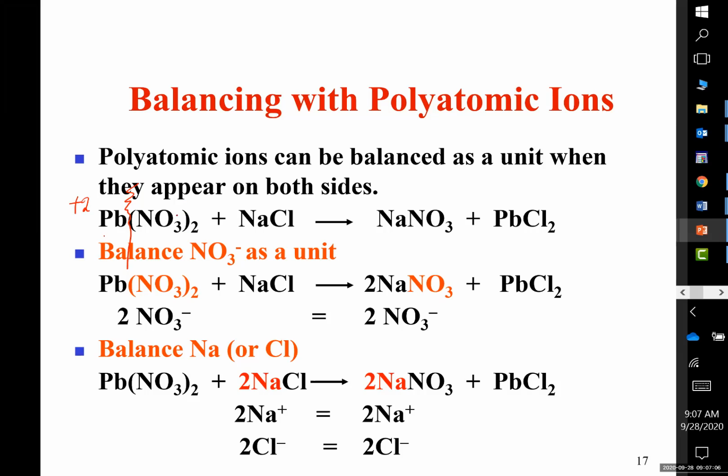In fact, nitrate is an ion. It has -1 charge, called nitrate. Remember, ions have charge. This is an ion Cl minus. It has -1 charge.